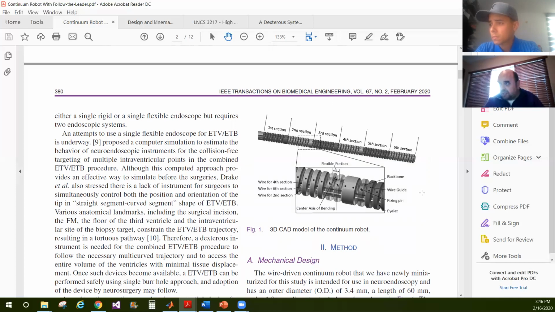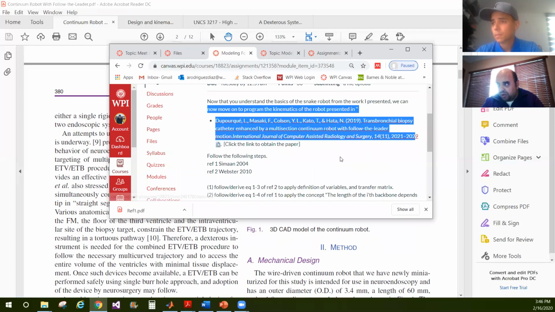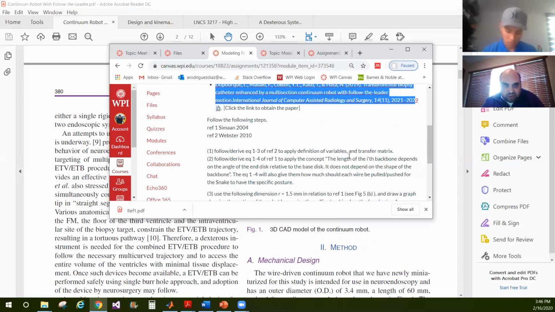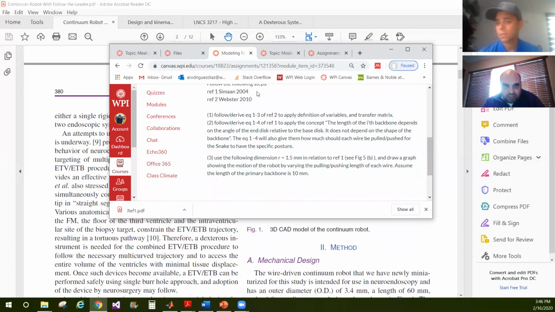So let's go back to the assignment then. The first step, we're going to do the robot. We're going to do the GH parameters, get the transformation from the base to the last link, and after this, we're going to use the equation that you just showed, and we're going to prove that the length of the 5th or 6th or 7th backbone depends on the angle of the end disk relative to the base disk, and it does not depend on the shape of the backbone.